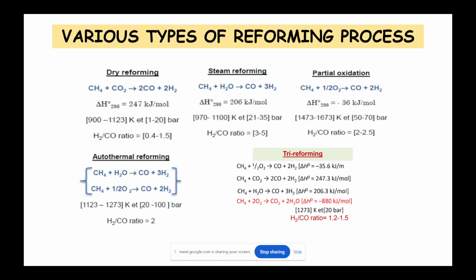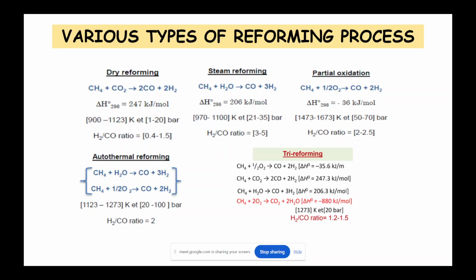Apart from that, there are several other commercialized processes that are available. Kindly have a look at the hydrogen gas fuel production lecture slides in the week 5 course content.